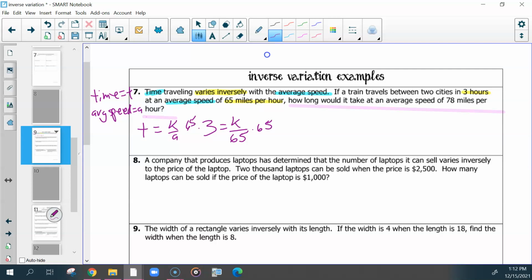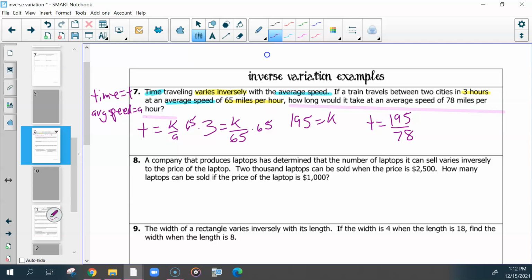So you'd have 195 equals K. So that would be our constant. If you wanted to rewrite your equation, T equals 195 over A. We are looking for the time when our average speed is now 78.